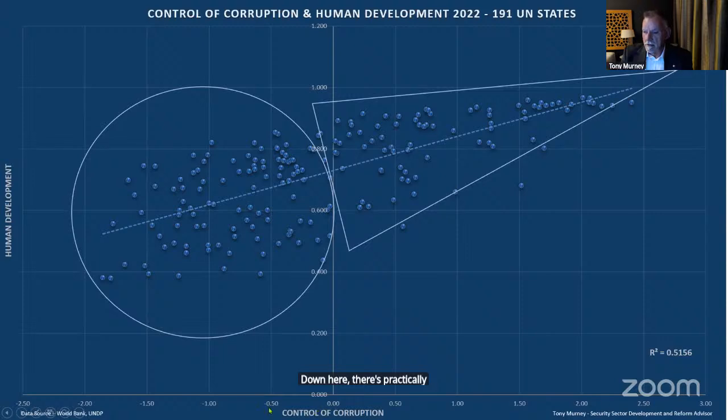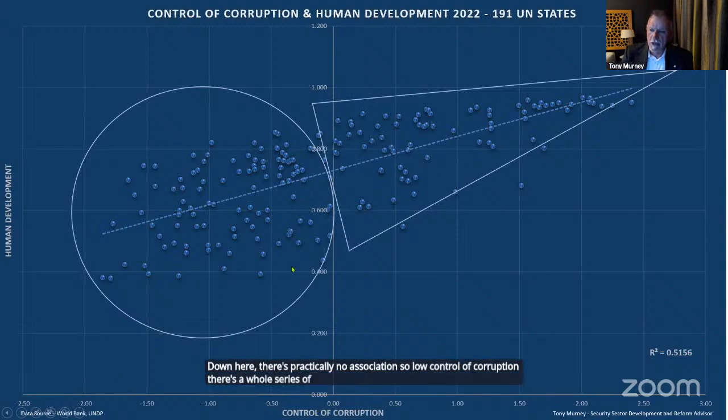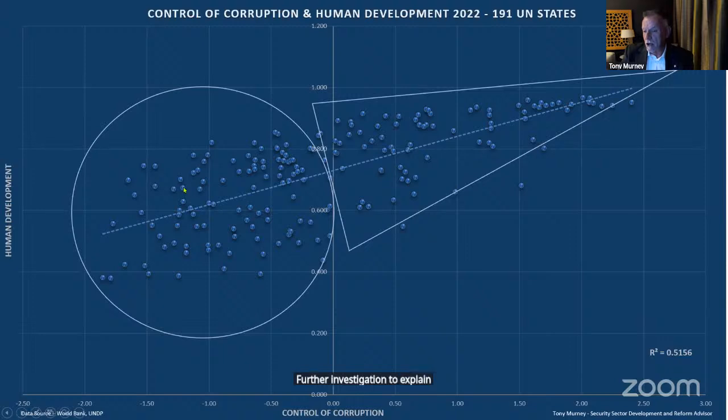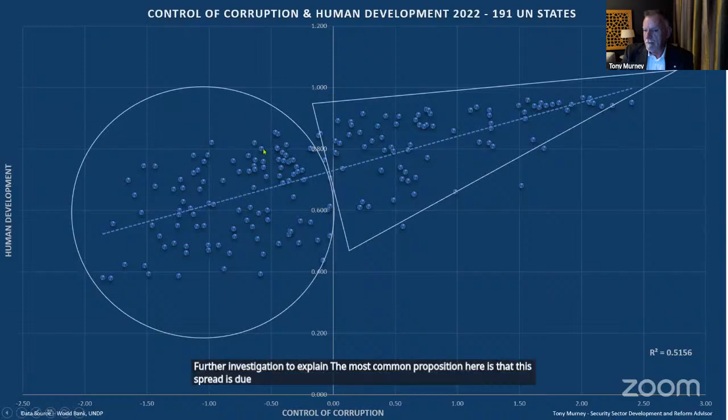So with low control of corruption, there's a whole series of variances occurring in here that would need further investigation to explain. The most common proposition here is that this spread is due, in fact, to improvements arising from Western interventions in the delivery of aid.